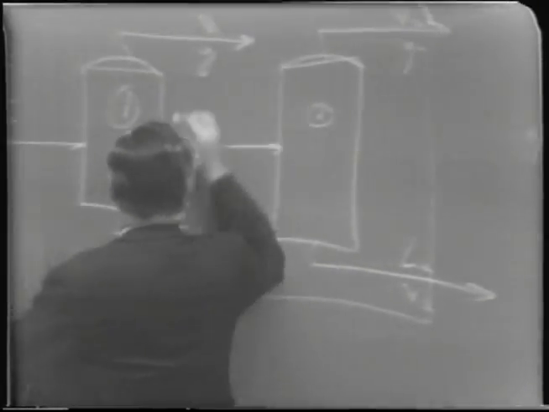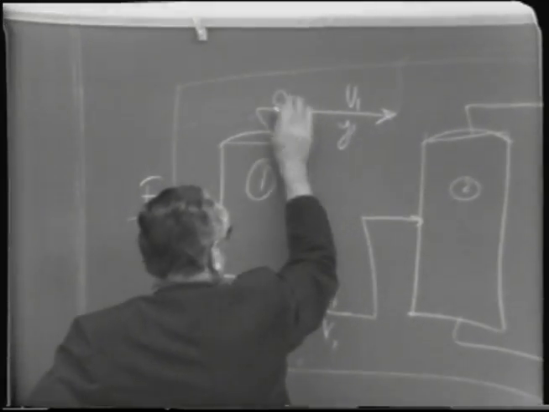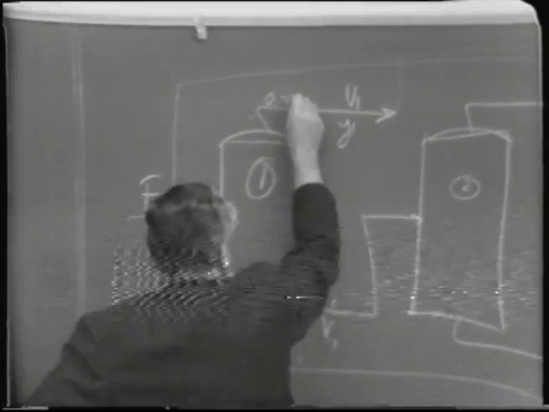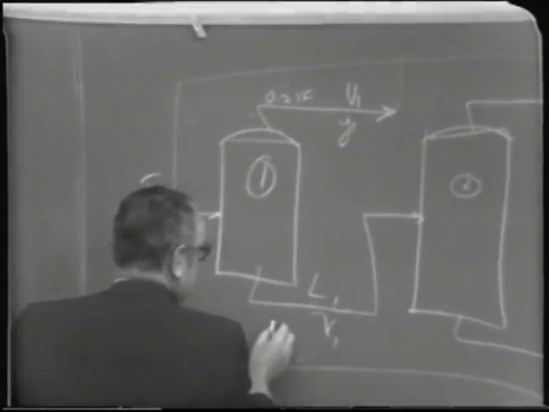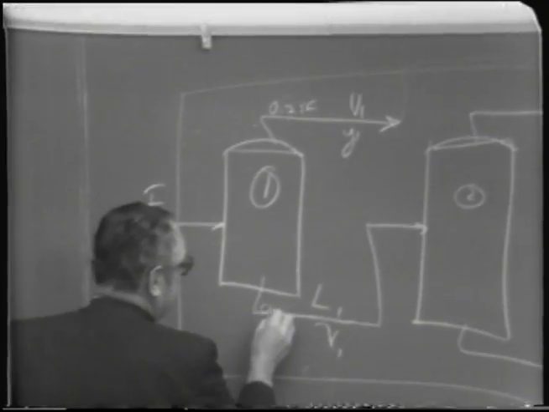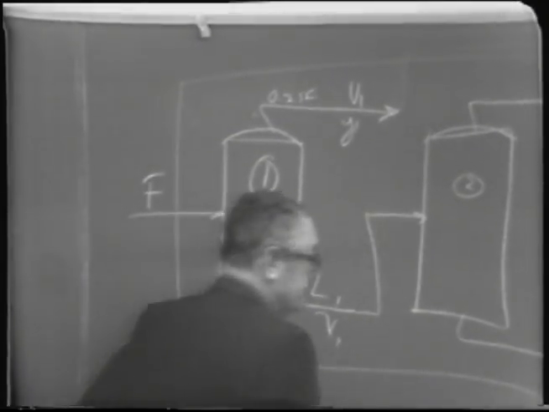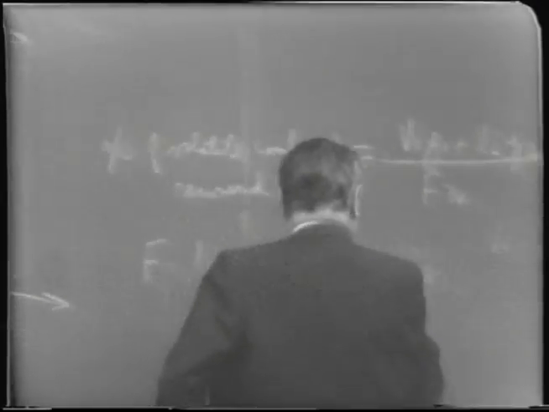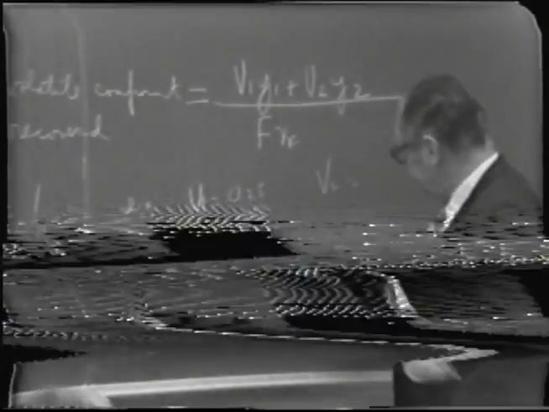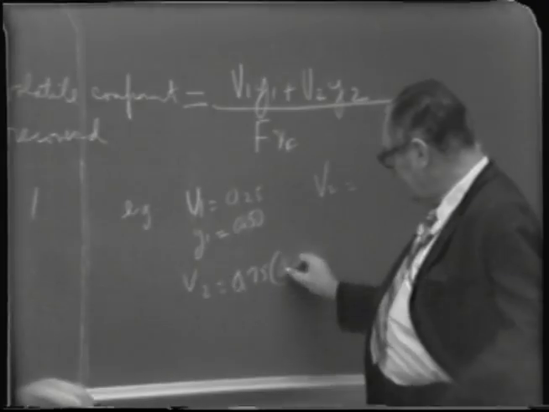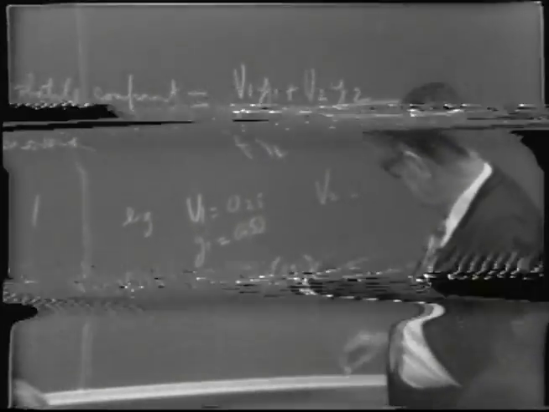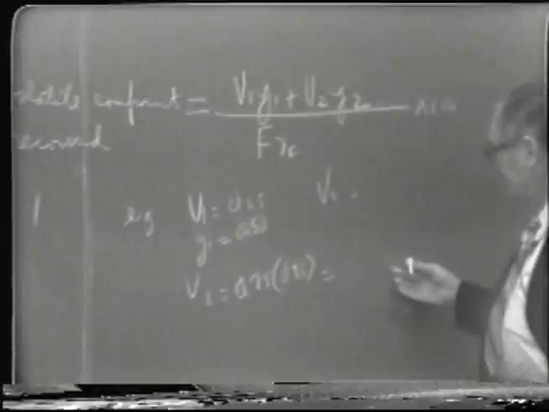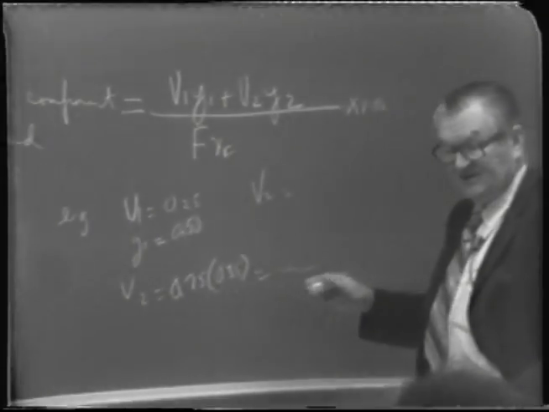Then V1 is 0.25 times F, and of course the liquid would be 0.75 F. So in this particular case, V2 would be 0.75 times the fraction vaporized, which in your case was 35. Whatever that answer is, I forgot numerically.